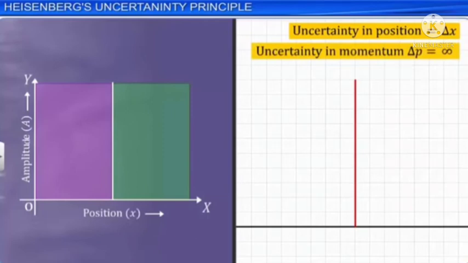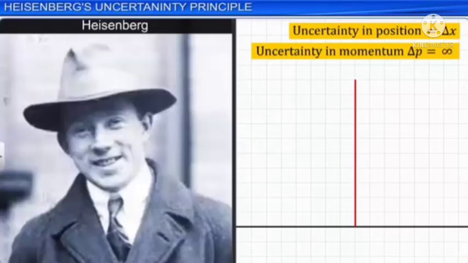From this discussion, it is clear that the exact position and momentum of a particle cannot be determined simultaneously. This is the essence of Heisenberg's uncertainty principle. Heisenberg's uncertainty principle states that it is not possible to simultaneously measure the position and the momentum of a particle exactly.